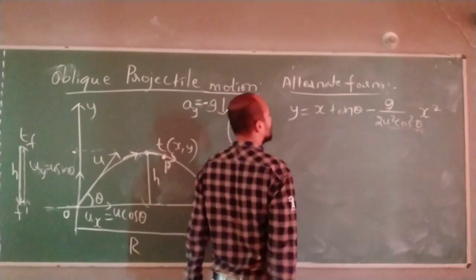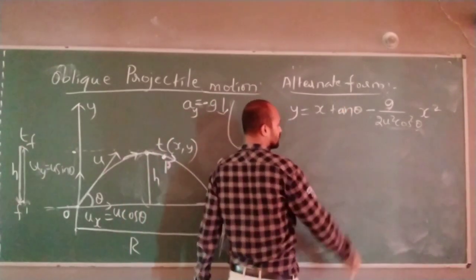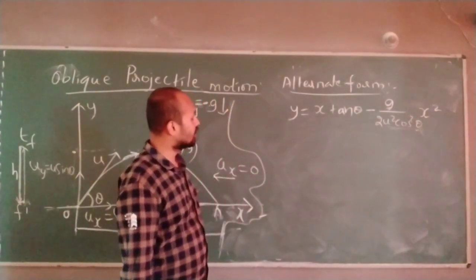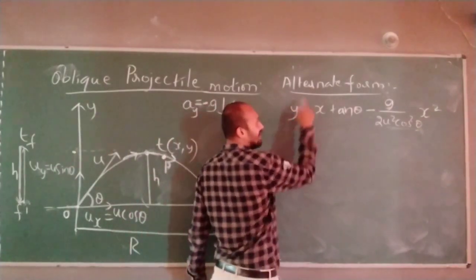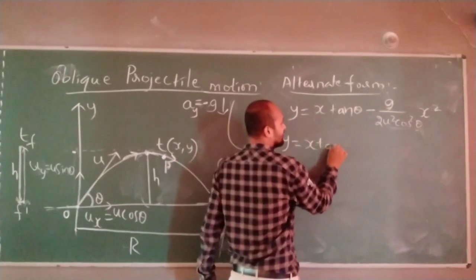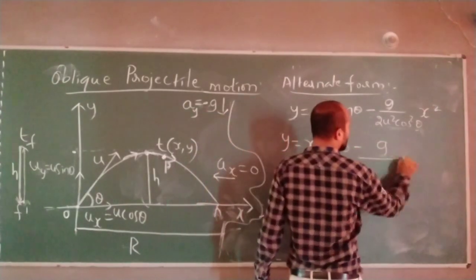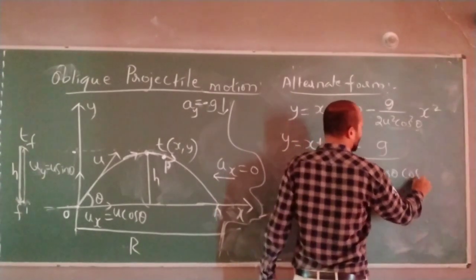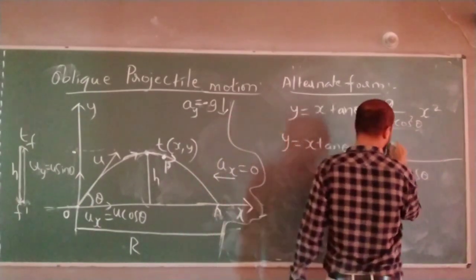Now see here, in this equation, I am going to write an alternate form of the trajectory equation. y is equal to x tan theta minus g divided by 2u square into cos theta into cos theta into x square.